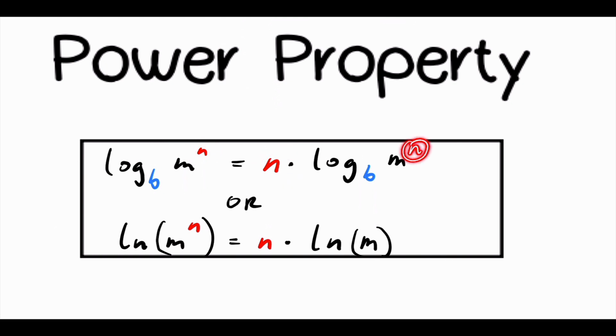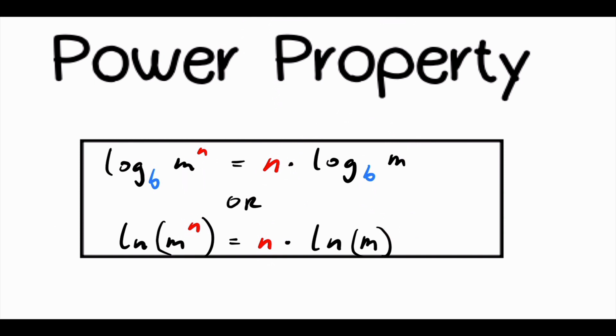It moves from up here to the front and multiplication. It becomes a coefficient. See the power here, it just moved here. So it was here, and then it moved here. So it's no longer there. Okay, so we're going to use those three. Sometimes we need to use one of them, sometimes two of them, sometimes all three properties. It just depends on the problem.